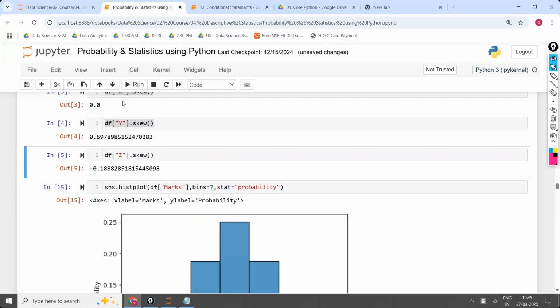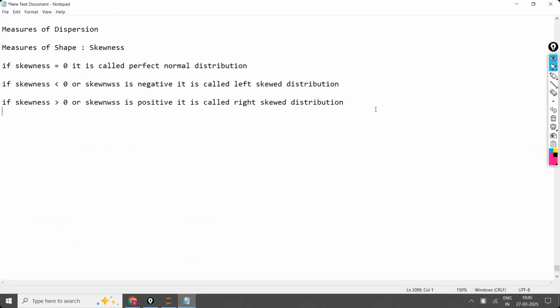So, to check whether the given data is normally distributed or not, this is the question.